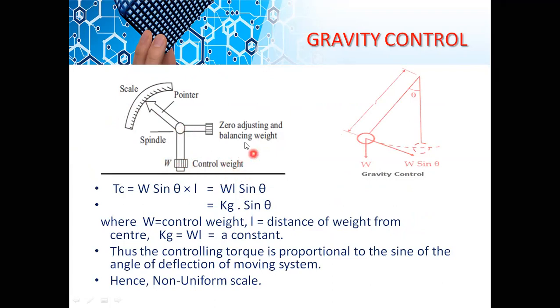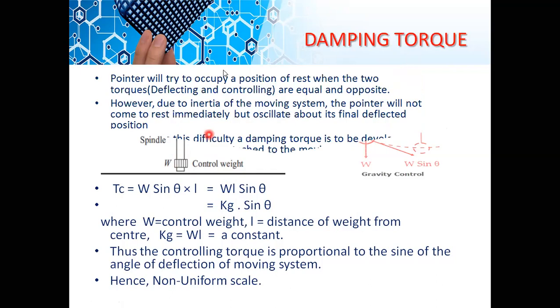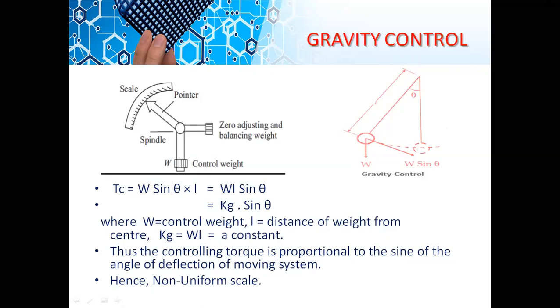This is the control weight which is trying to pull back the pointer to its original position, and this is the zero adjusting or balancing weight which is trying to balance the spindle and also trying to bring back the pointer to zero position. This is the balancing weight. This is the control weight.